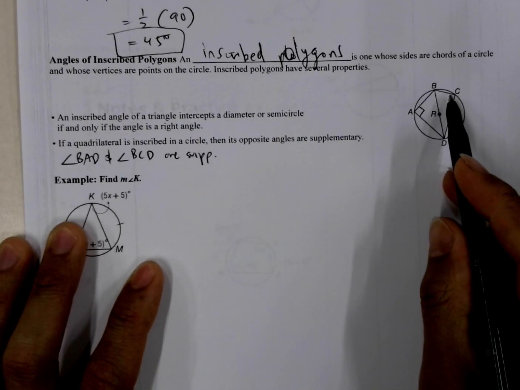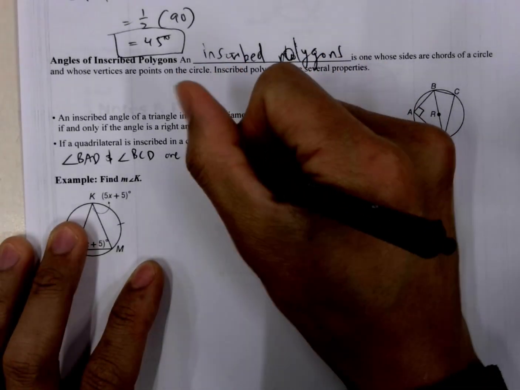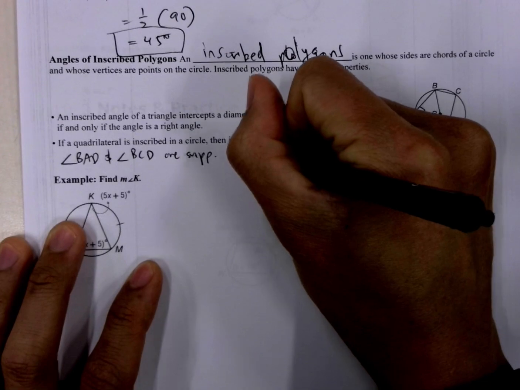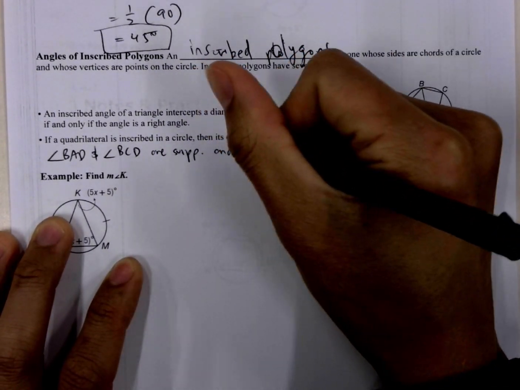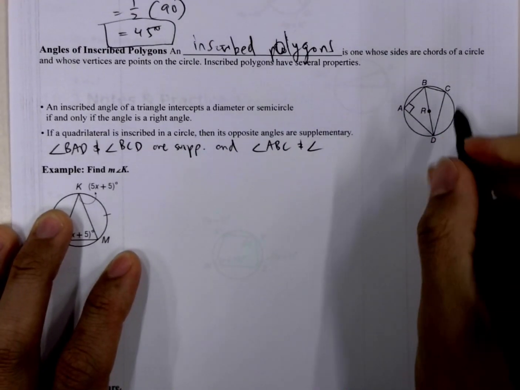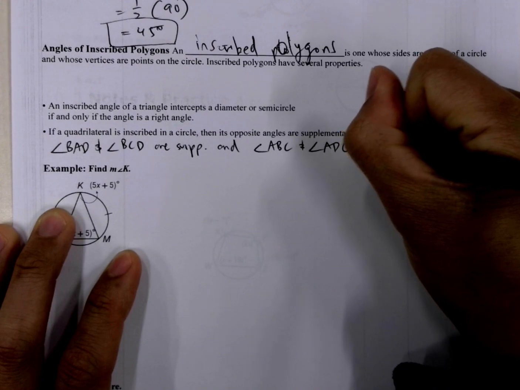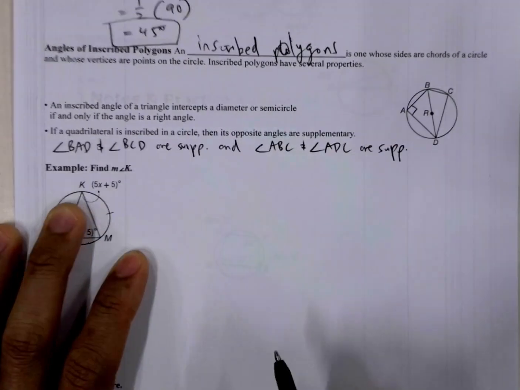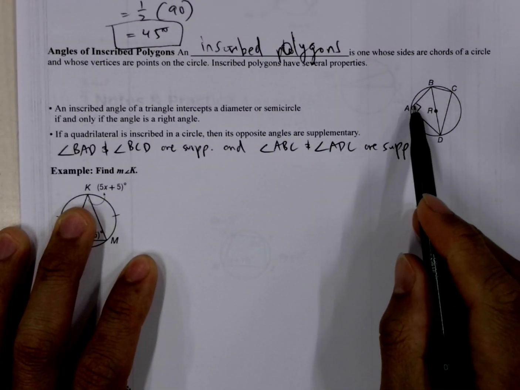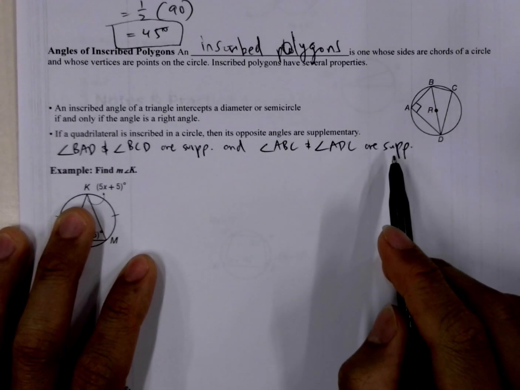Those are opposite angles here. And also angle ABC and angle ADC are supplementary. So the opposite angles of the inscribed polygon are supplementary.